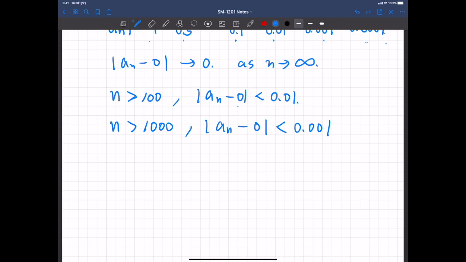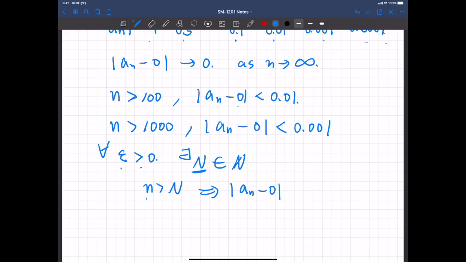For any small positive number epsilon, suppose epsilon is 0.0001 and so on, we can always find a natural number that is large enough such that if small n is greater than this capital N, then the difference between a_n and the limit is less than that epsilon.